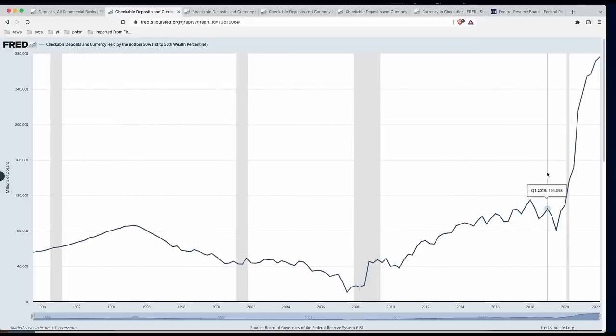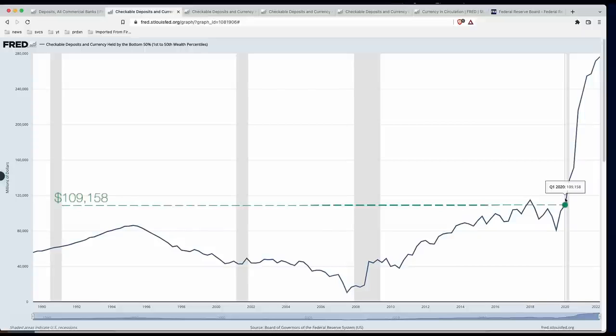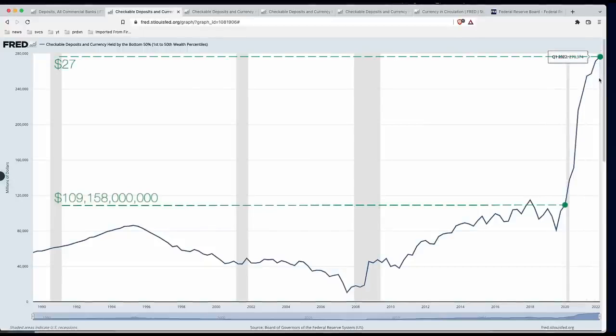And if you look here at the bottom 50%, you can see that they had a total of $109.2 billion in their checkable accounts before the pandemic, and then after QE, they had $276.4 billion. That's a gain of $167.2 billion.